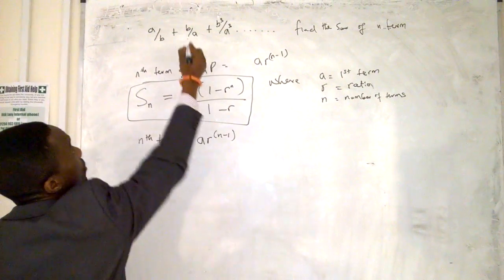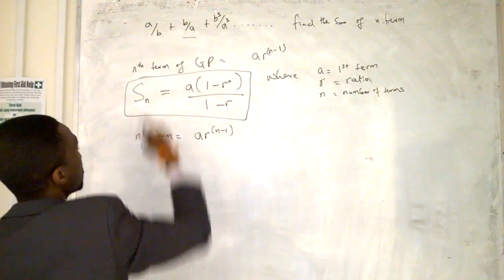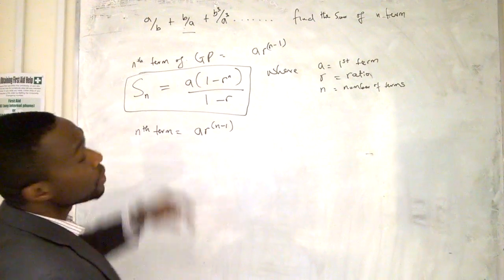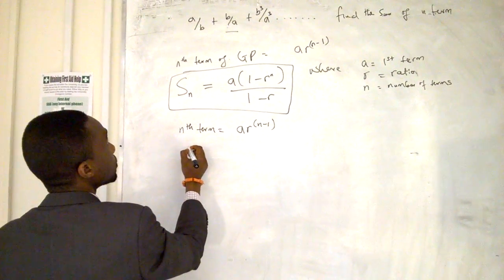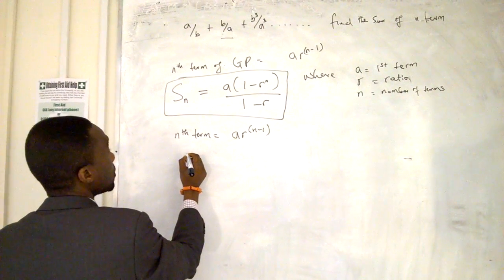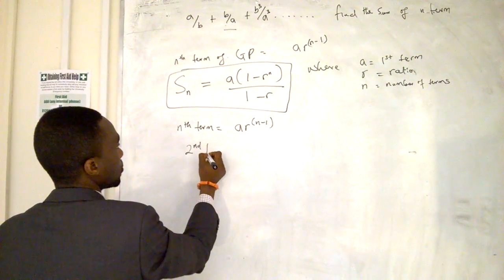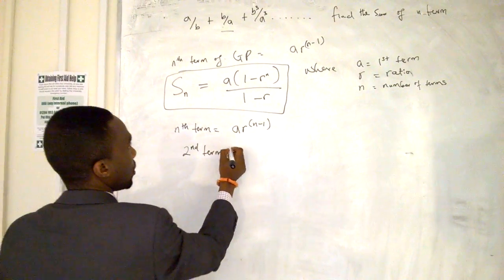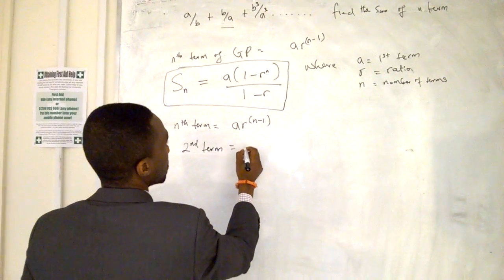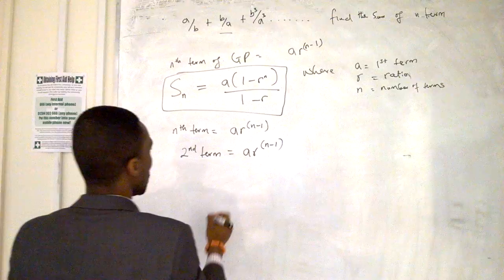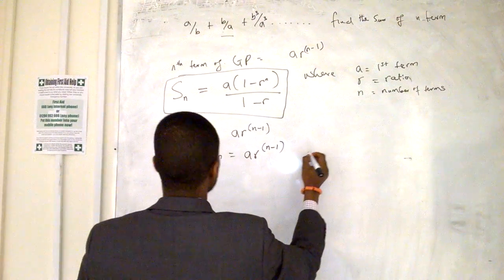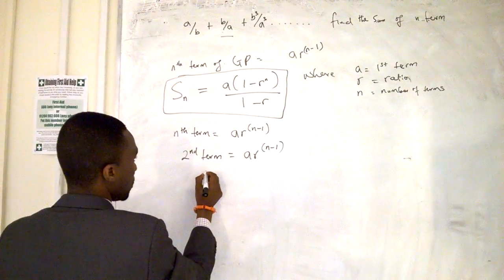Okay, I'm going to use the second term. The second term is B over A. So I'm going to say the second term is AR^(n-1).